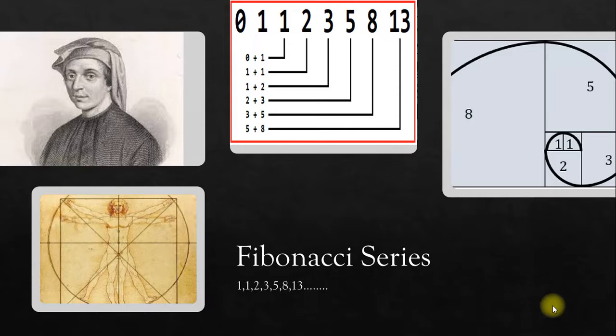It's a very interesting series because it has some interesting properties, and often nature follows some of them. We'll discuss it in detail in this video, and I'll post another video about how nature follows it. So let's proceed.